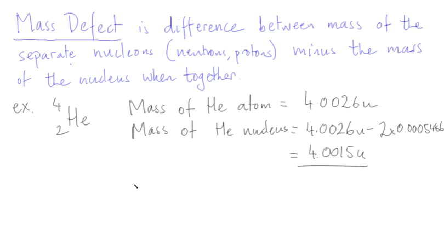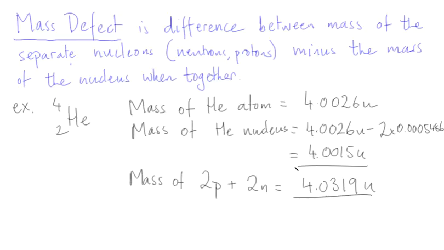However, if you just add 2 lots of the mass of a proton separately, 2 lots of the mass of a neutron separately, 2p plus 2n, from the worked examples in the book, you actually end up with 4.0319 u. This value is bigger than this value.